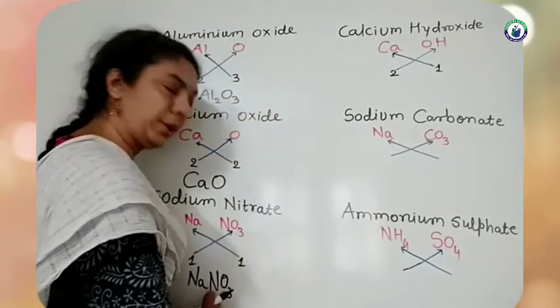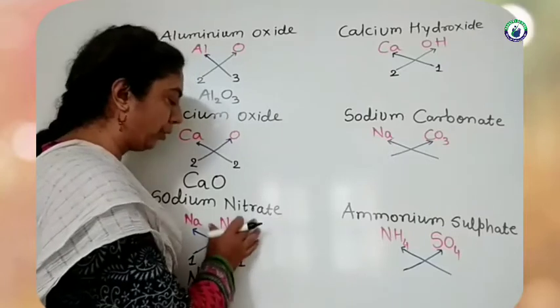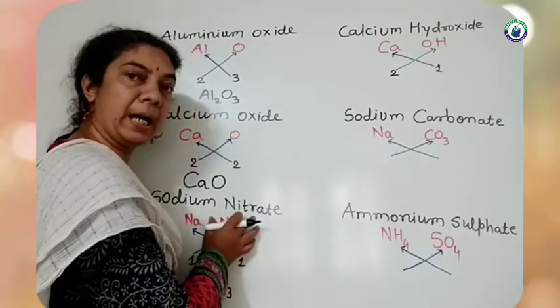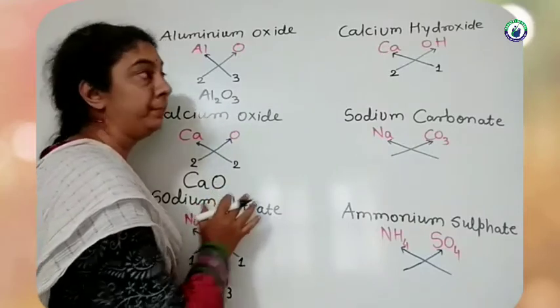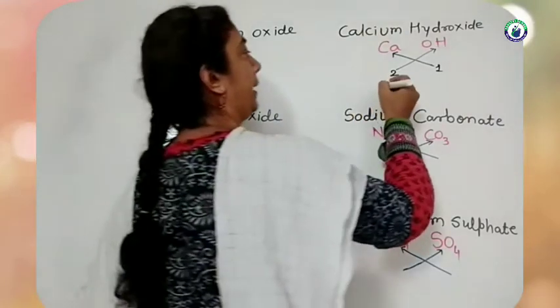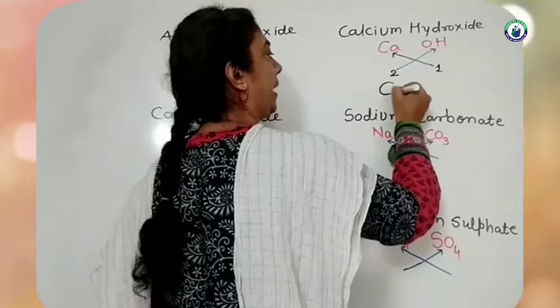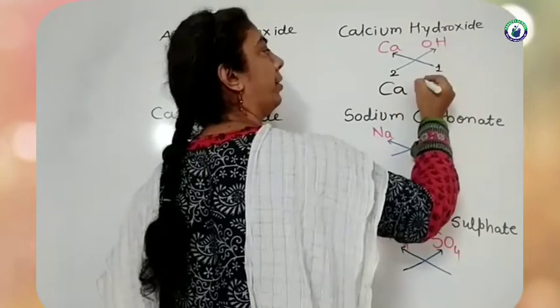If there is no subscript, like NO3, which is itself an ion, there is no need to show it in brackets. But here, the formula will be Ca, and this 2 will be given to this.